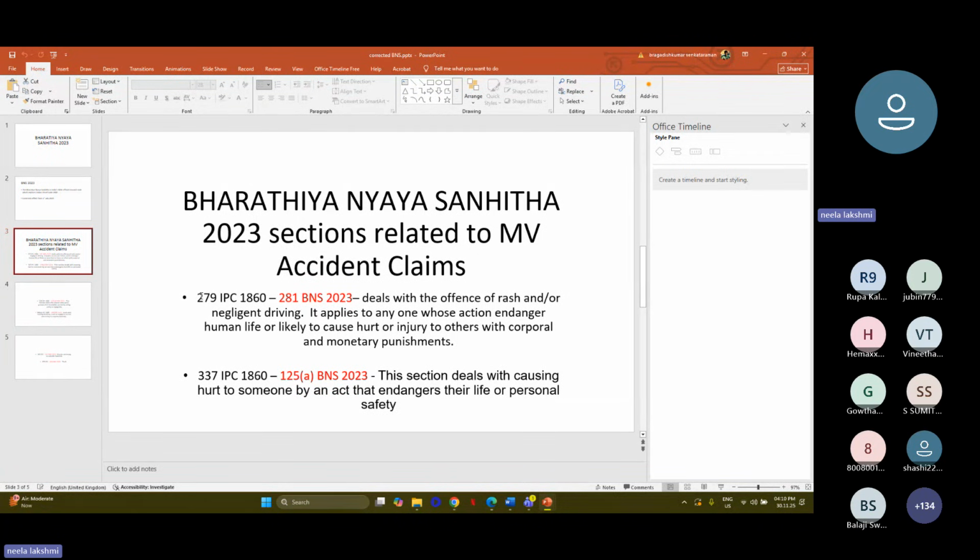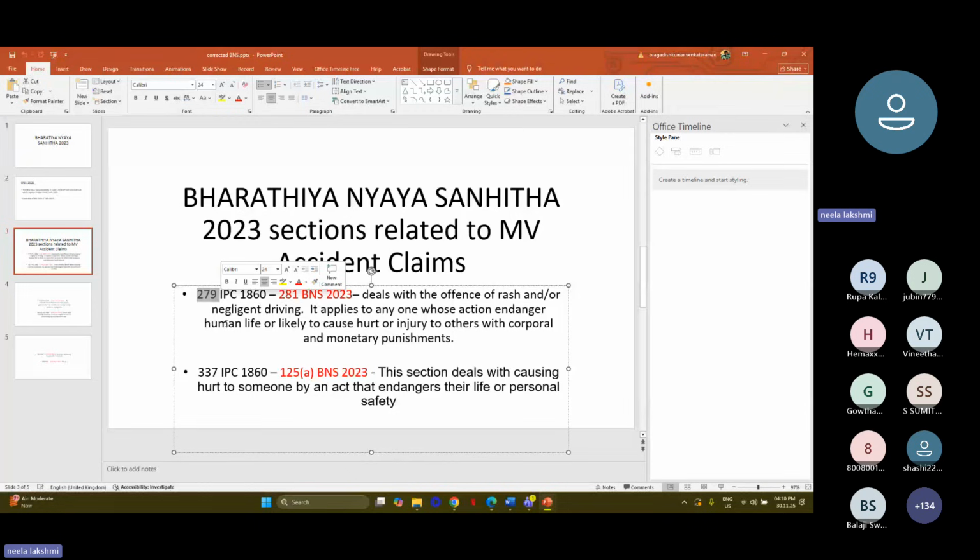Earlier IPC 279, rash and negligent driving, is now Section 281 BNS 2023, which deals with the offense of rash and negligent driving. Earlier 337 IPC, simple injuries, is now Section 125(a) BNS 2023.